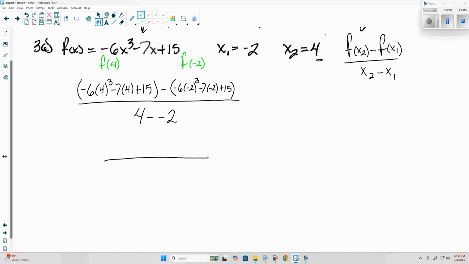Now at this point here, you can type that entire thing into the calculator and let it do it for you, because the rest of this, after we get it plugged in, is all calculator work.